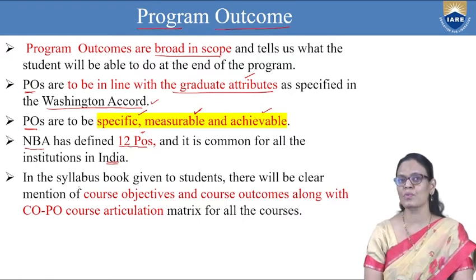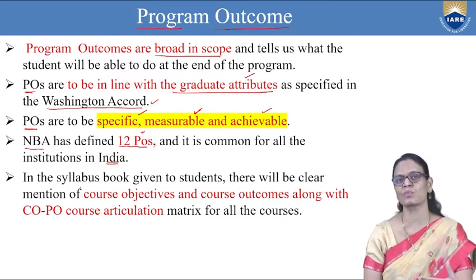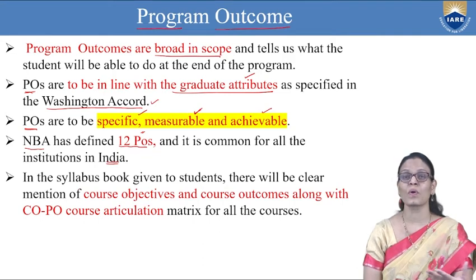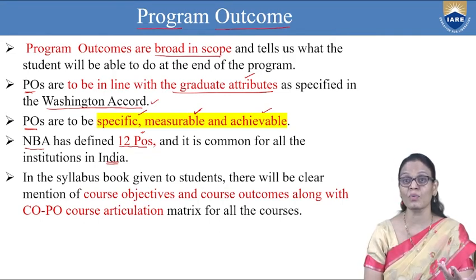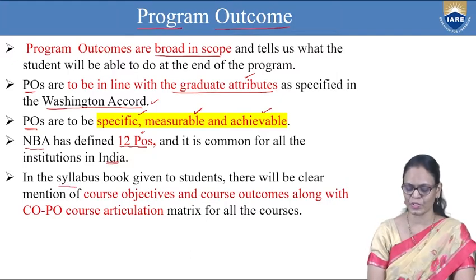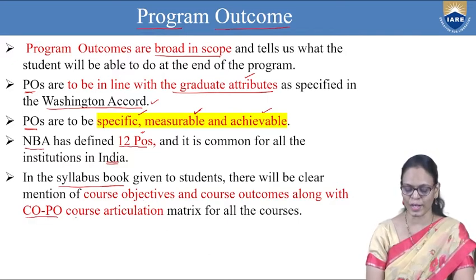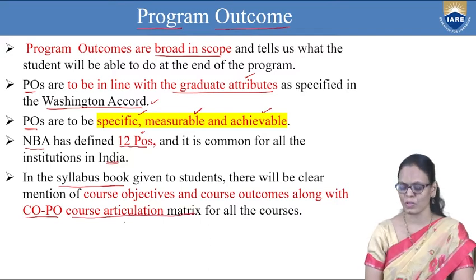And how will the students know about this? What is the program educational objective? What is the program outcome? What is the program offering us? How will it be known to the students? In the syllabus book that is given to them, there will be a clear mention of the course objectives and the course outcomes along with the CO-PO articulation matrix. So what is the CO-PO articulation matrix?